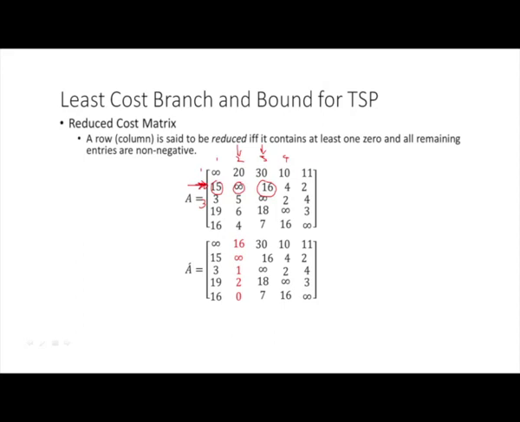So we have reduced the cost of going to a particular column. In this case, we have selected column number 2 and we have subtracted the minimum value. Since there was no 0, we subtracted the minimum value from each of the values in the column, and that way we have reduced the cost of going to vertex number 2.